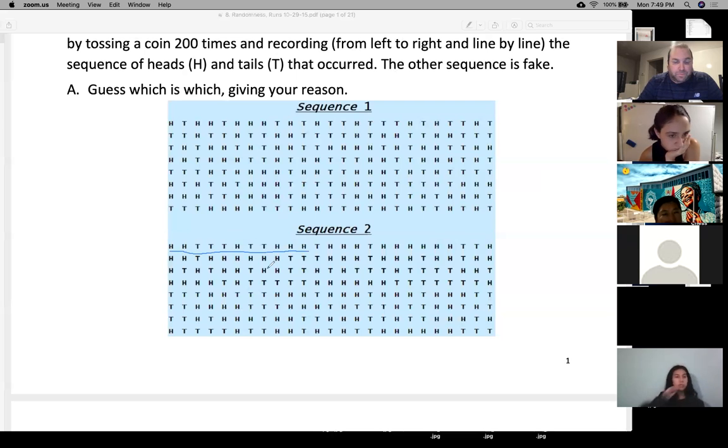For those first 10, it's a 50-50. They were all 50-50, right? Yeah, but if you got H, H, T, T, T, H, T, T, H, H, would you say this is not random? Would you make that conclusion? No, I don't see anything here one way or the other.